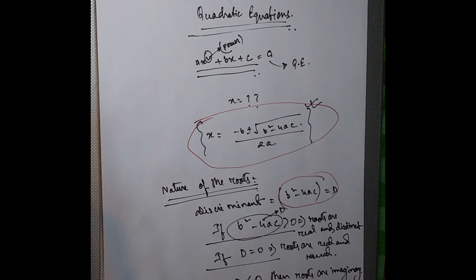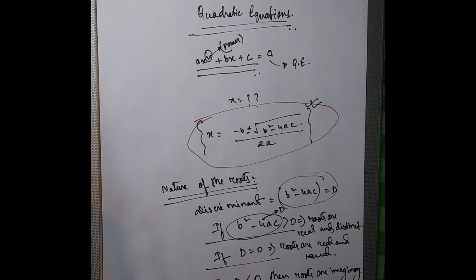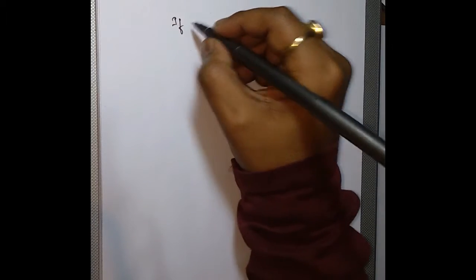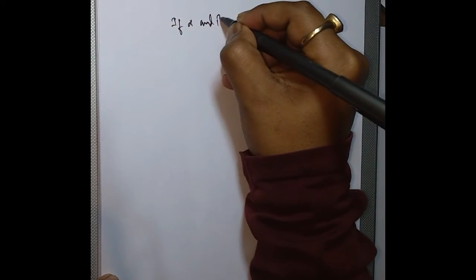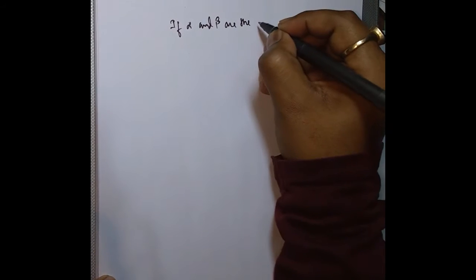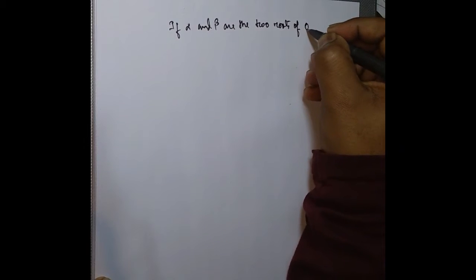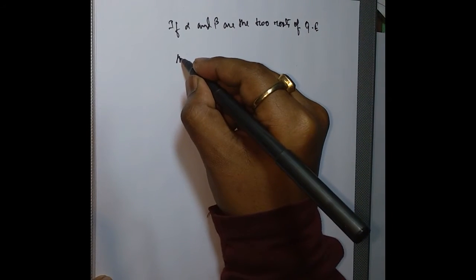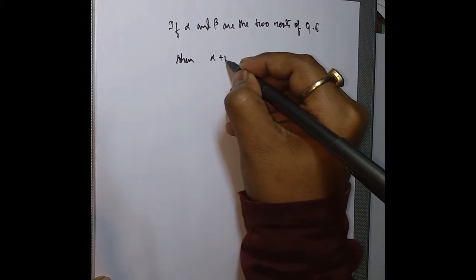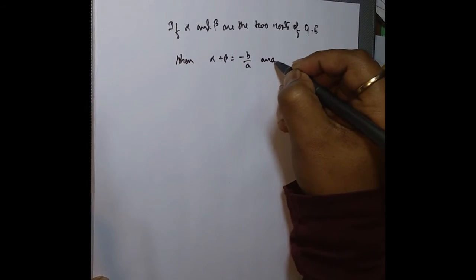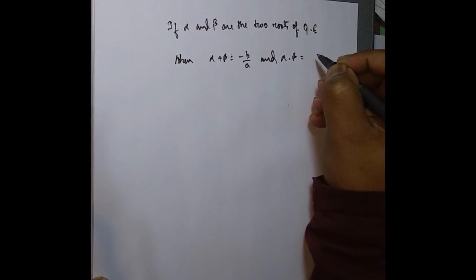Before moving on further, let me show you some important results regarding the quadratic equation. If alpha and beta are the two roots of the quadratic equation, then alpha plus beta is equal to minus b by a, and alpha into beta is equal to c by a.